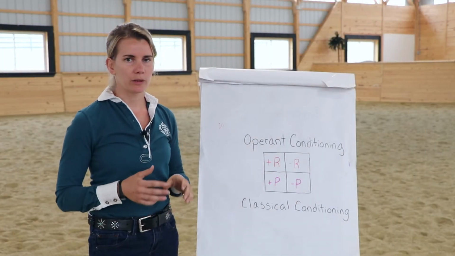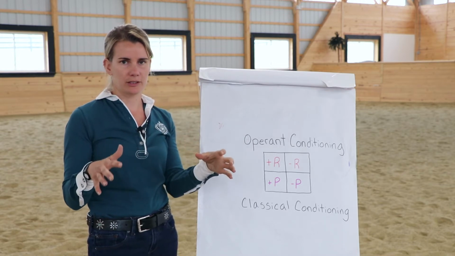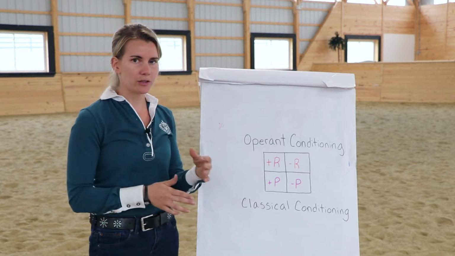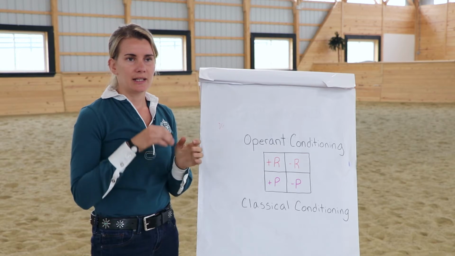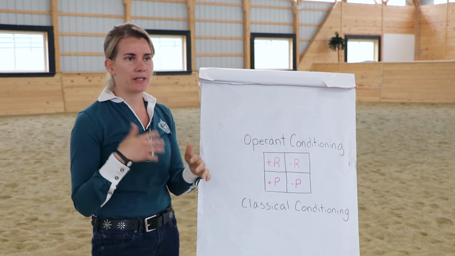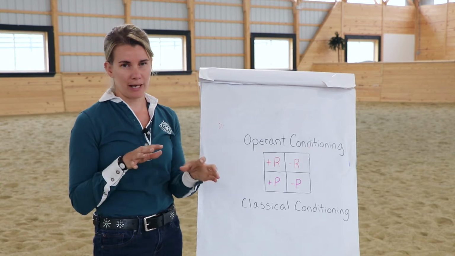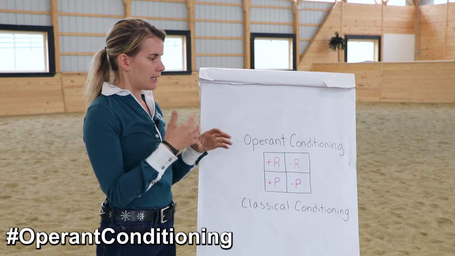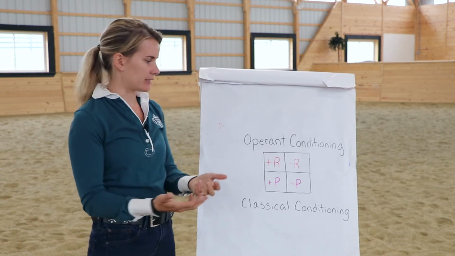Associative learning is one of the main ways that horses learn, and it incorporates these 2 things. Associative learning is basically the horse learning to connect his actions or things in the horse's environment with certain outcomes, good or bad. Operant conditioning is the most common framework for training that we use with horses.